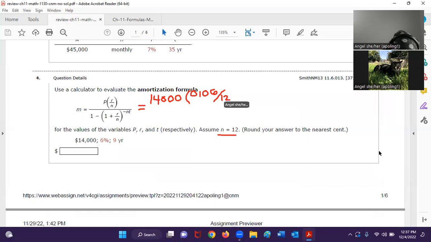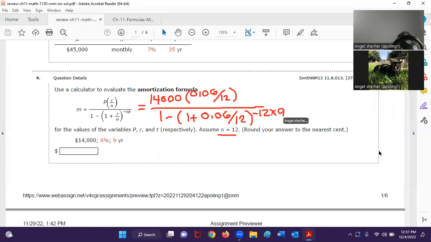So divide by 12. That's our numerator. Then our denominator is 1 minus the quantity 1 plus 0.06 divided by 12 raised to the negative 12 times 9.